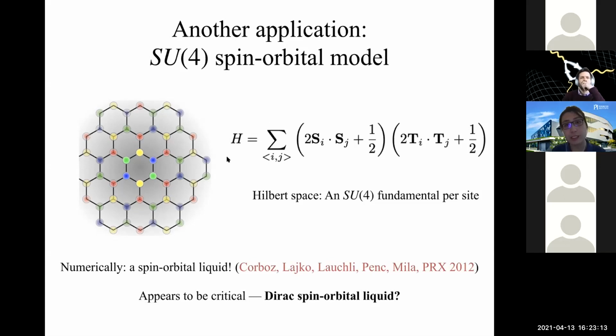So it's probably the simplest generalization of the SU2 Heisenberg model to an SU4 system is some model like this, right? Where S and T are both SU2 generators. It turns out when you write it this way, the symmetry is enlarged from SU2 cross SU2 to SU4, right?